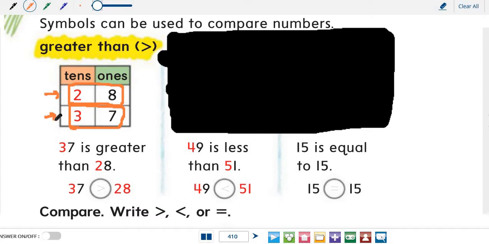So let's compare tens. In the first number, we have only 2 tens. In the second number, we have 3 tens. Since 3 is more than 2, the whole number 37 is greater than the whole number 28. So 37 is greater than 28.